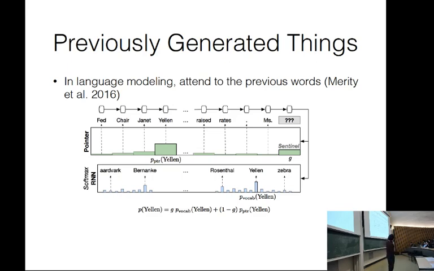In that case, your pointer component here will attend over the correct word, the name Yellen. And you could have the final softmax be, again, the combination of what your RNN generator is producing and the pointer over the previous words.